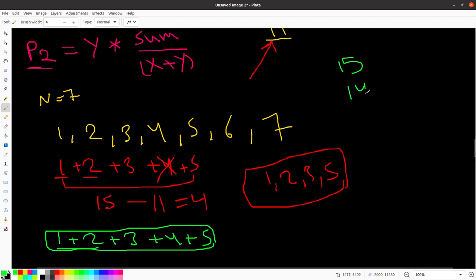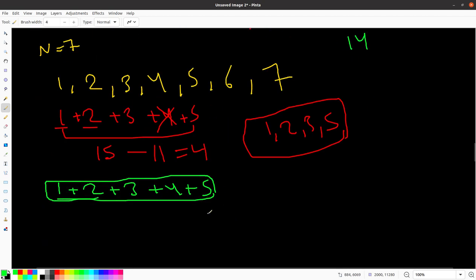Now if it's 14, we will do the same, but we will remove one of the numbers, which is 15 minus 14, which equals 1.